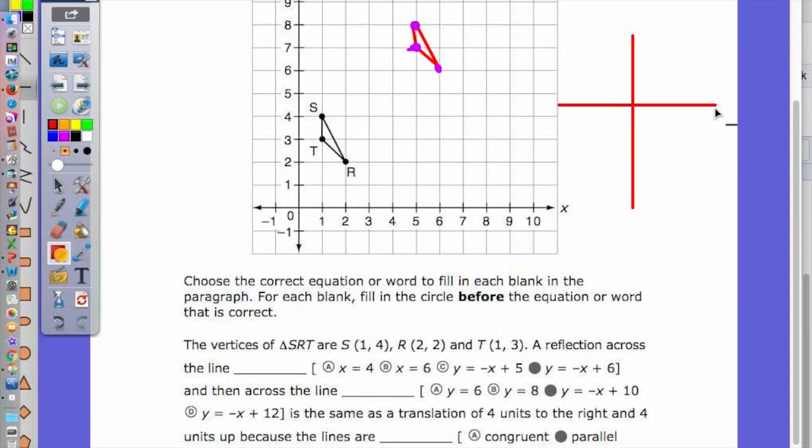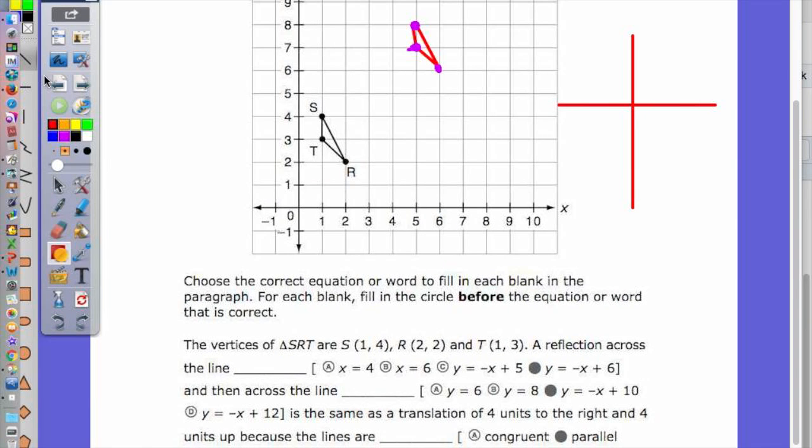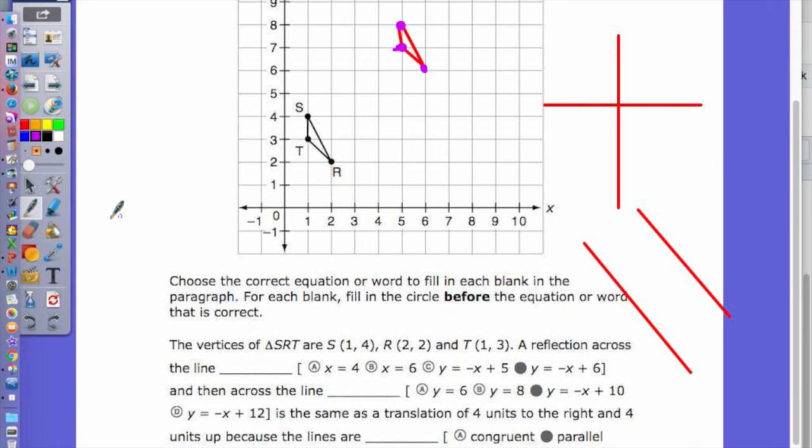A 180 degree rotation. But if this to this was a 180 degree rotation, then it would be orientated differently, right? It would be looking more like that or something when it rotates around, all right? So it's not that. The other type we learned that if you reflected over 2 parallel lines, that was the same as a what? A translation, okay? So right away, that's the one we're looking for.